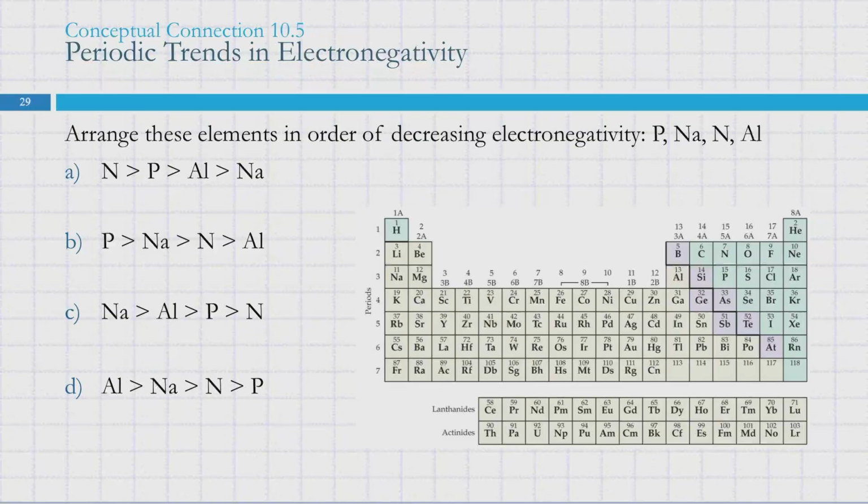All right, let's arrange these elements in order of decreasing electronegativity. The four elements that we're looking at are sodium, phosphorus, nitrogen, and aluminum.